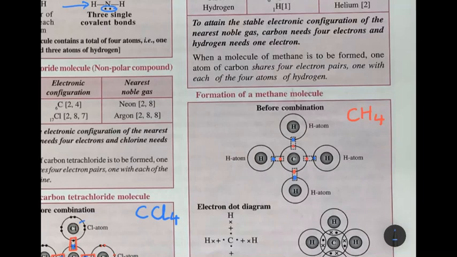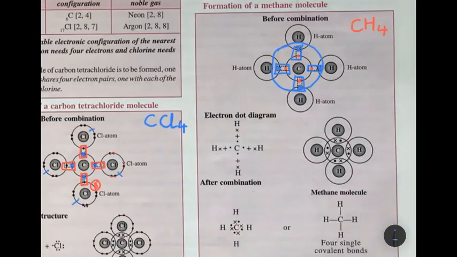So on each side, with one carbon and one hydrogen atom, carbon shares 1, and this hydrogen becomes duplet. Same way this hydrogen also becomes duplet, this hydrogen becomes duplet, this hydrogen becomes duplet, and overall carbon will have 8 electrons. It will become octet.